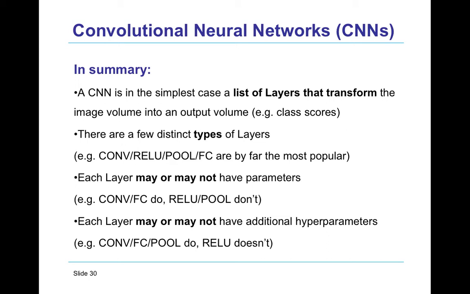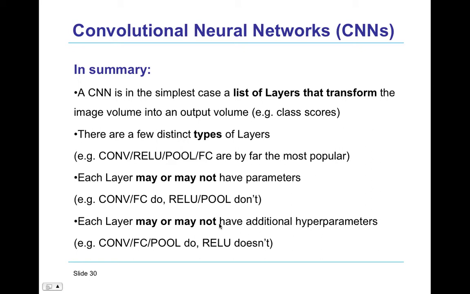You can mix them up the way that you want, but those are the architectures that are more famous and more commonly used. And also, each layer may or may not have parameters: the convolutional and fully connected have the size of them, and the activation and pooling do not.